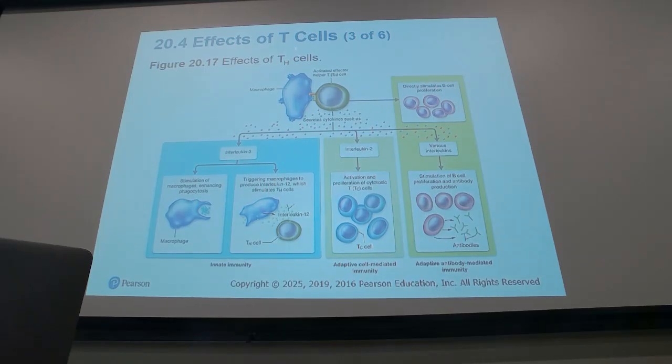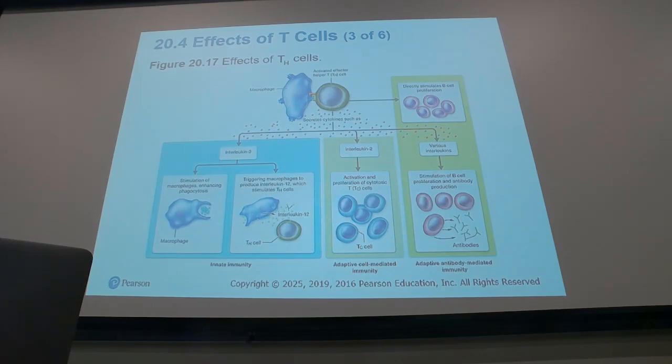Now, in this case, we have the effects of T cells. So this is a macrophage that is interacting with this helper cell. This is an activated effector. Both of them are sharing this antigen in the middle with their corresponding receptors.